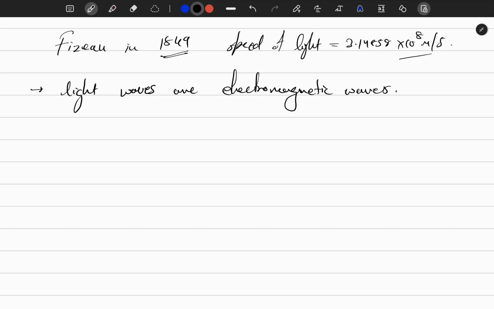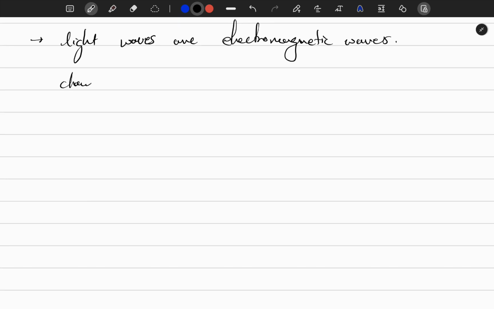So different colors of light which we can see are nothing but electromagnetic waves. Associated with a light wave are changing electric and magnetic fields. A changing magnetic field produces a time and space varying electric field, and a changing electric field can produce a time and space varying magnetic field.